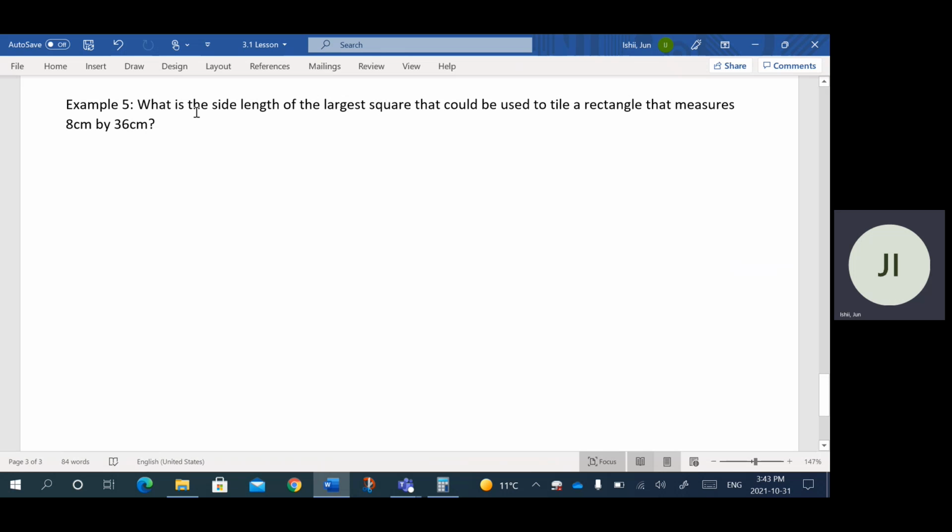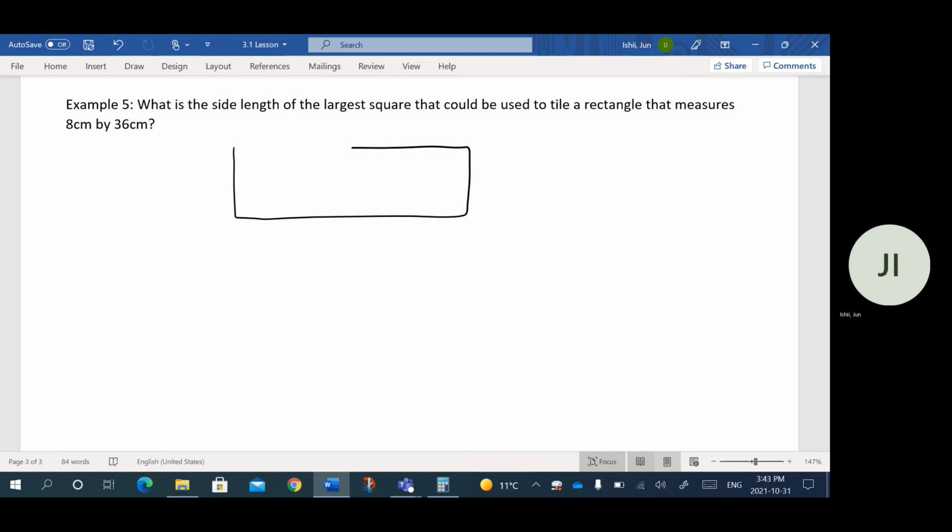Next up, what is the side length of the largest square that could be used to tile a rectangle that measures 8 centimeters by 36 centimeters? This sounds similar to the previous example, but it's actually kind of backwards. We want to create an 8 centimeter by 36 centimeter rectangle.